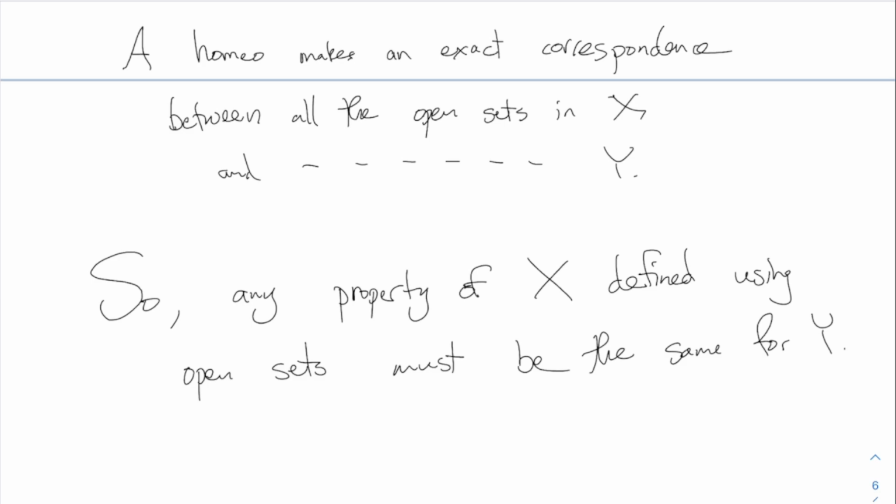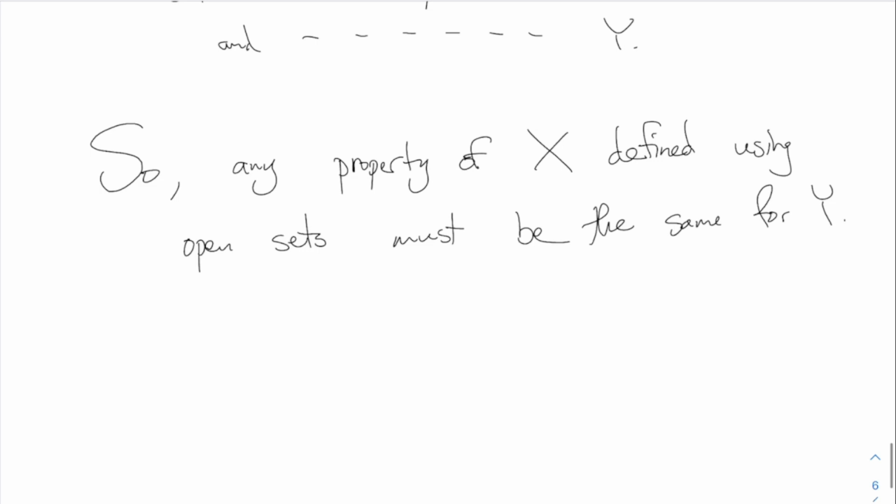And if there is a homeomorphism, what you're saying is that the open sets from the first one are basically the same as the open sets in the second one. And so any property defined using open sets must be the same for Y. Of course, any property defined using open sets is basically like any topological property.